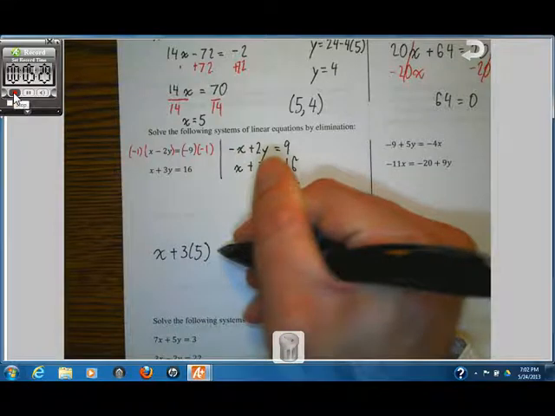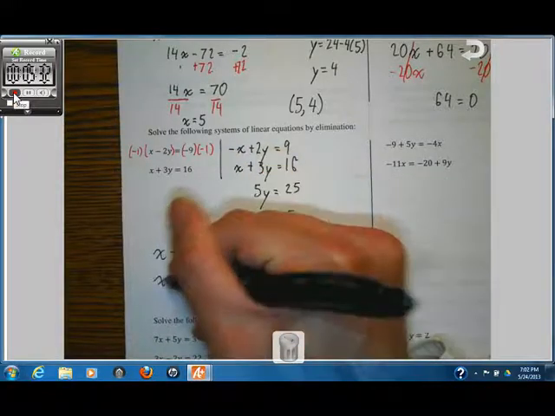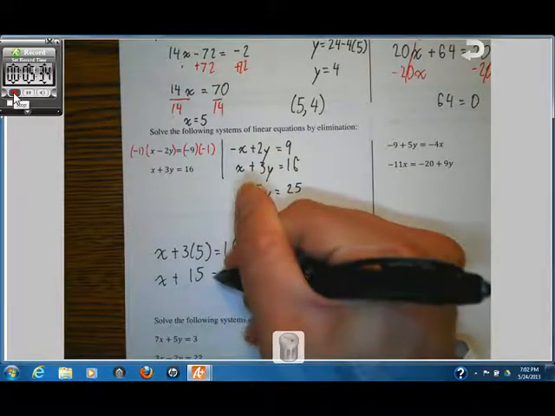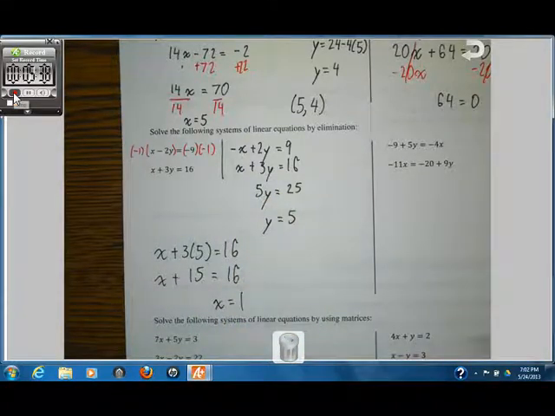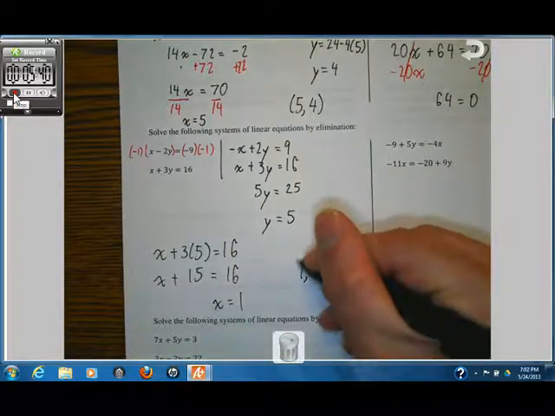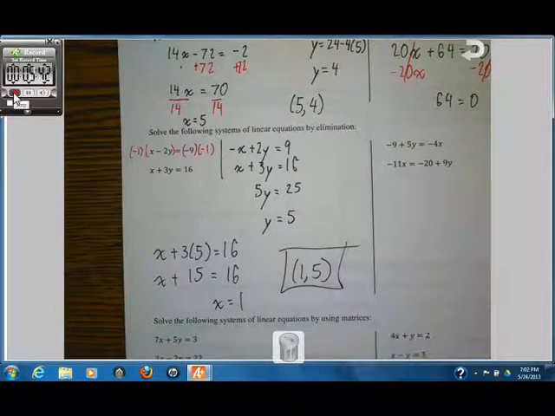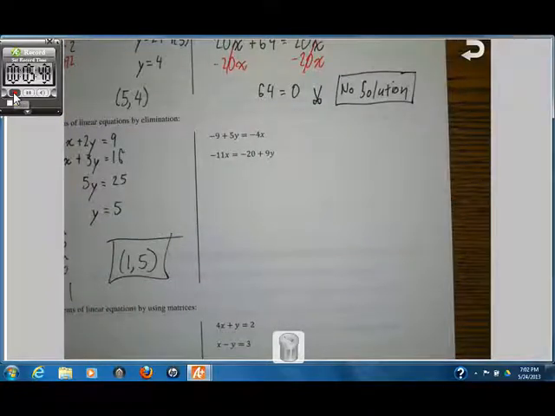Okay, next one. Little bit uglier, not much. In order for elimination to happen, both equations have to be in standard form. In this case, neither one of them is, which is very upsetting to me. Oh well. So I'm going to clean this up as negative 4x minus 5y is equal to negative 9.